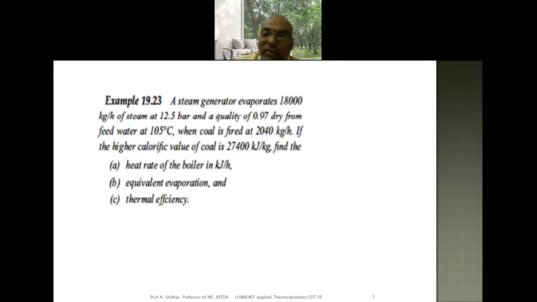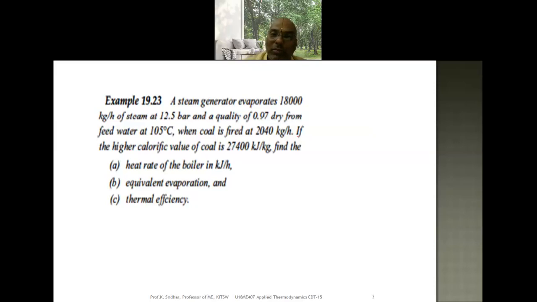In the previous class, we discussed the various parameters by which you can assess the performance of a boiler, like equivalent evaporation, factor of evaporation, boiler efficiency, superheater efficiency, economizer efficiency, and overall plant efficiency. These are the parameters we use to assess the performance of a thermal power plant.